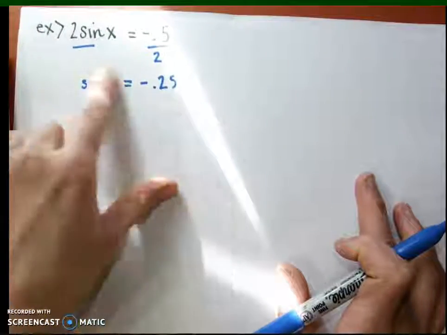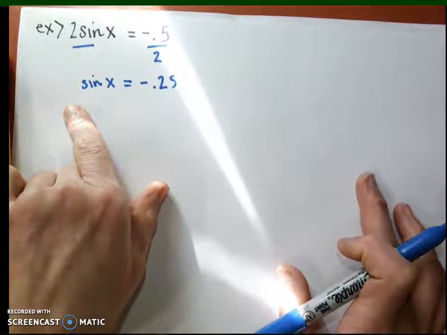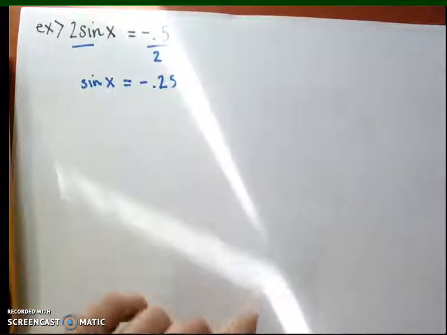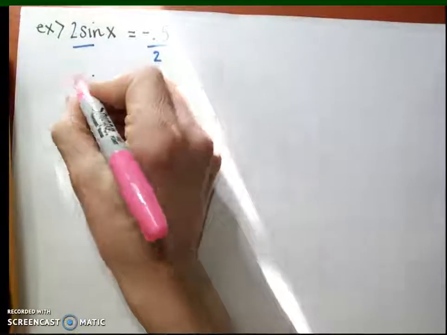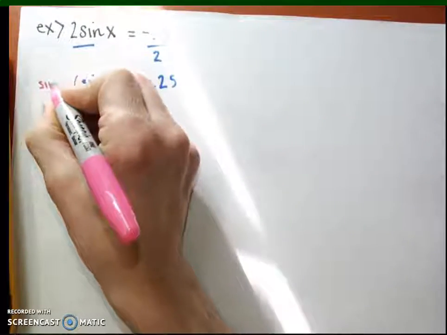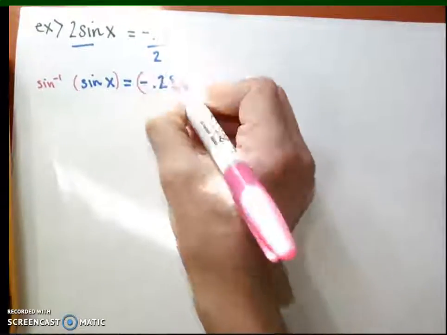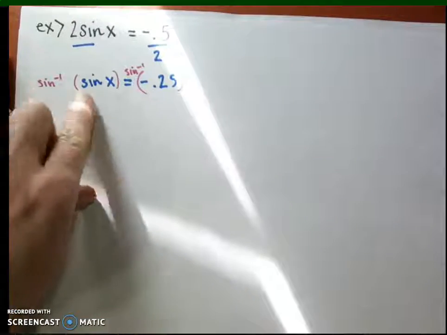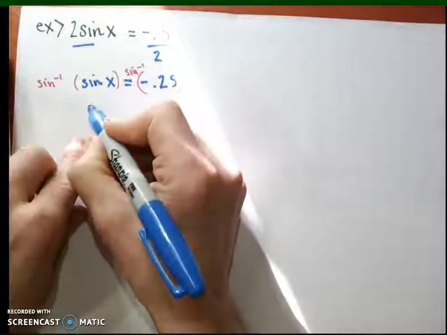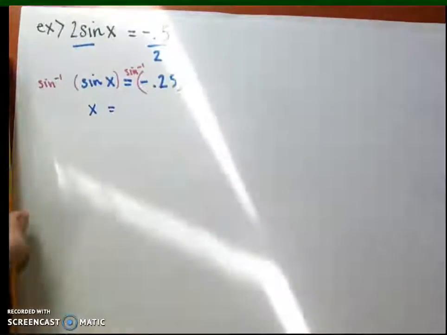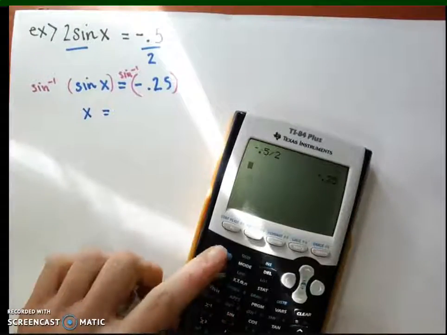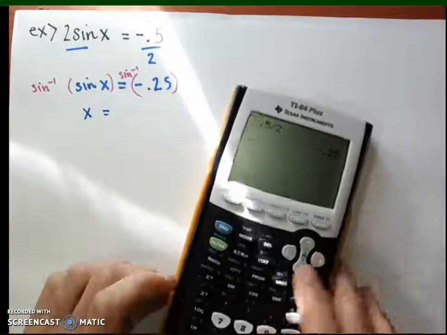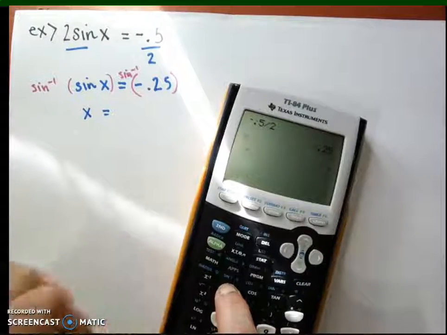Now, there's no special triangle that's going to allow me to solve this. So what I do is I'll take sine inverse of both sides, because sine inverse of sine of x will just leave me with x. And on the other side, notice right here above sine in blue it says sine inverse.